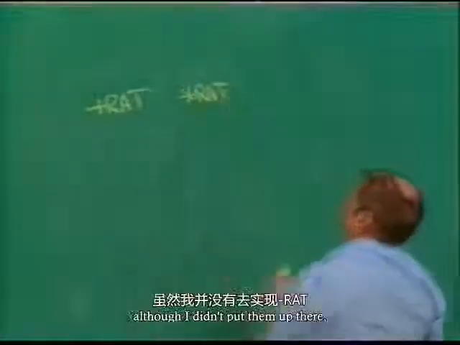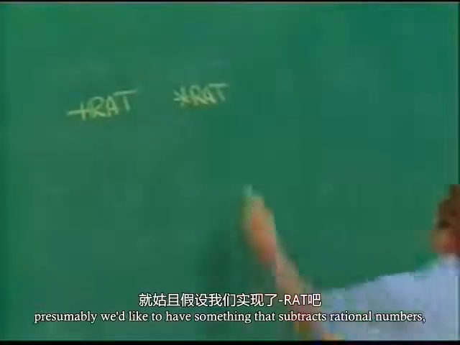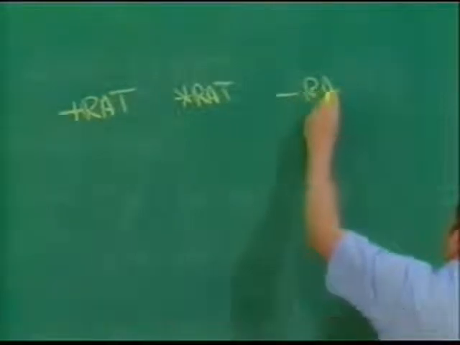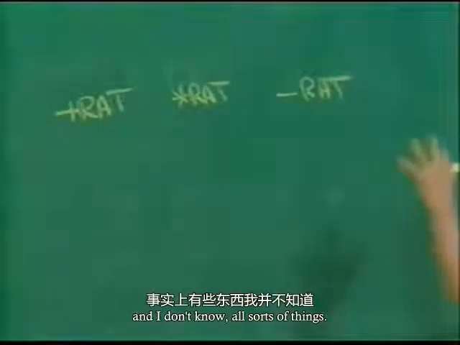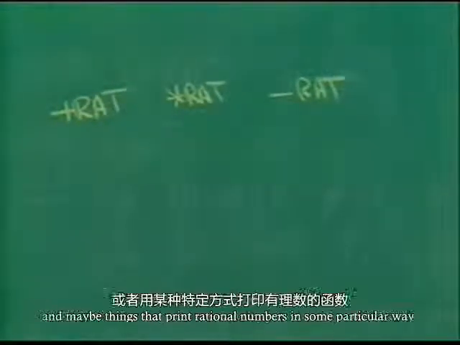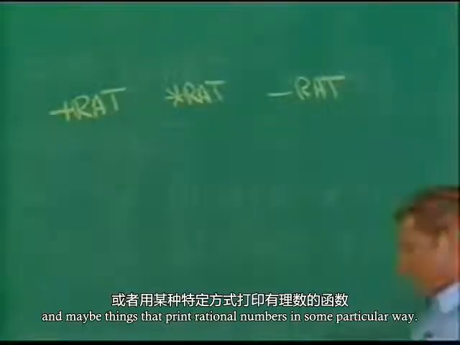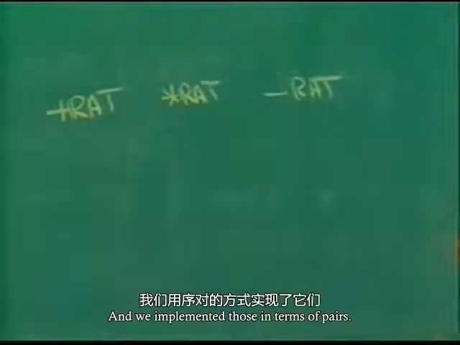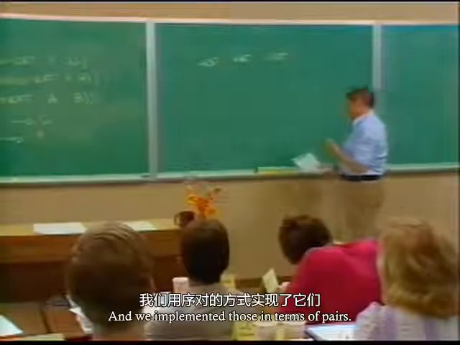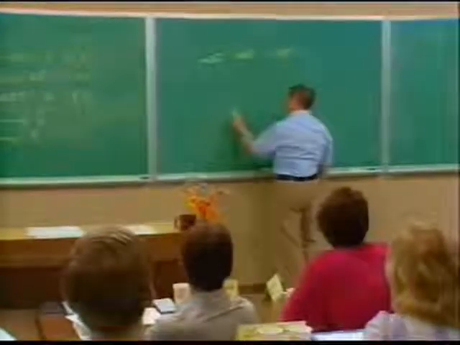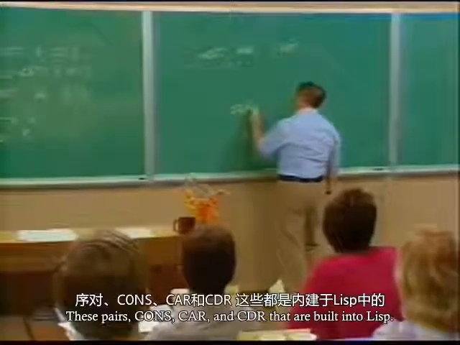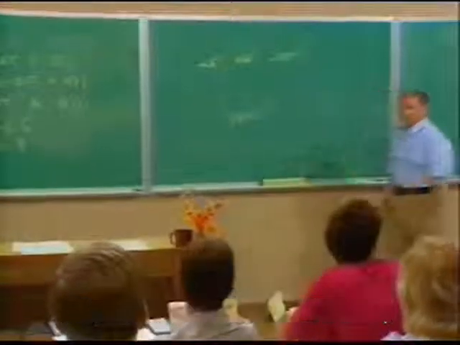And although I didn't put them up there, presumably we'd like to have something that subtracts rational numbers, and all sorts of things, things that test equality and division, and maybe things that print rational numbers in some particular way. And we implemented those in terms of pairs. These pairs, cons, car, and cdr, that are built into Lisp.